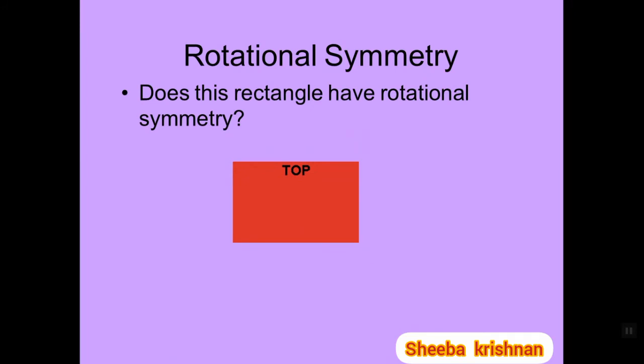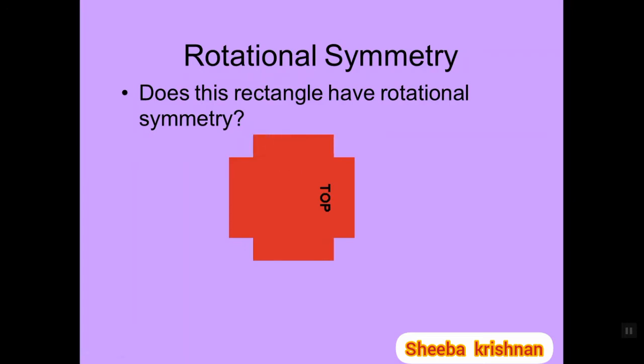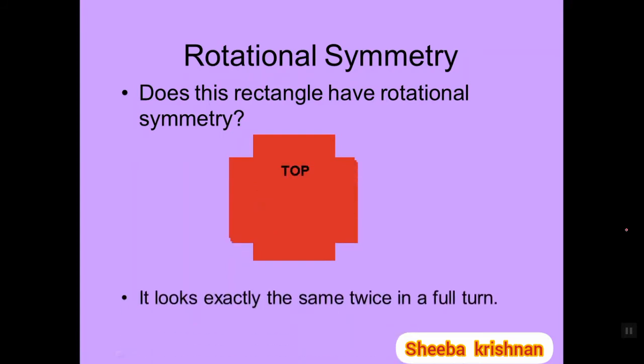Does this rectangle have rotational symmetry? It looks exactly the same twice in a full turn. It has got rotational symmetry order 2.